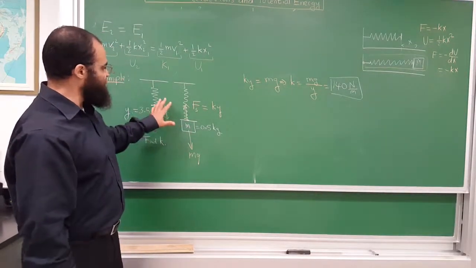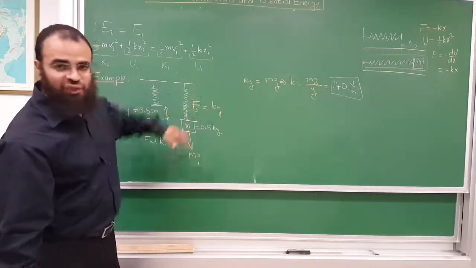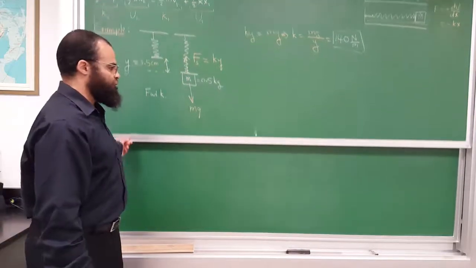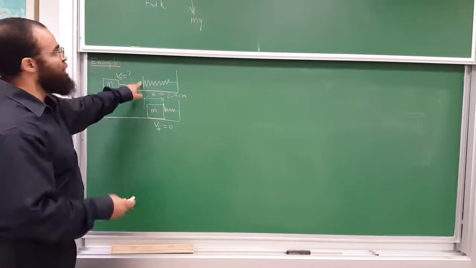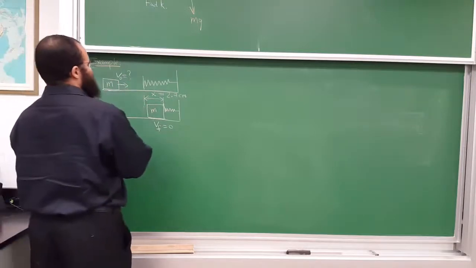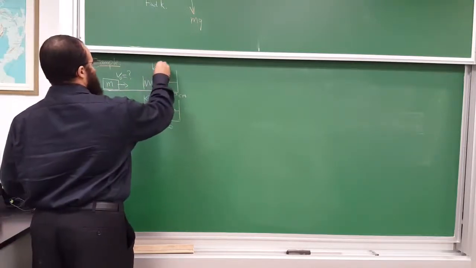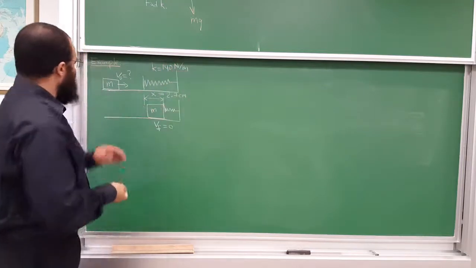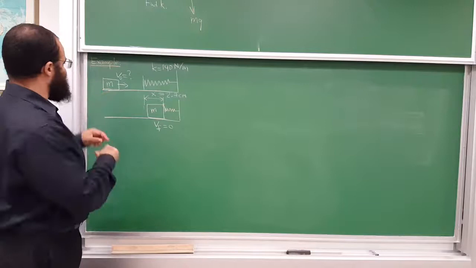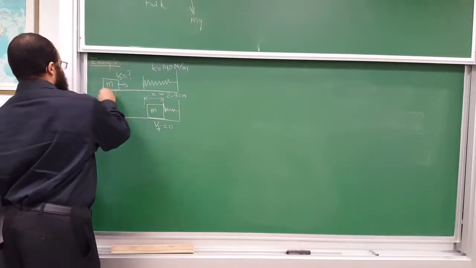We're going to use the same spring, but now I'm going to orient my spring horizontally. Here's my spring oriented horizontally, and the force constant of this spring is 140 newtons per meter. I have a mass, and the mass is 0.5 kilograms.